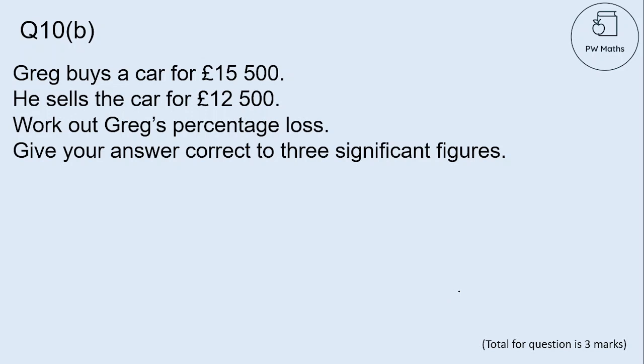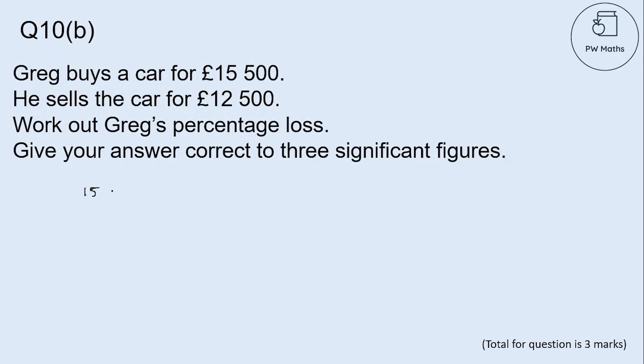Question 2, we've got Greg buys a car for £15,500. He sells the car for £12,500. Work out Greg's percentage loss. Again, we're asking for the percentage loss, not just how much less money that he ends up with after selling the car. We're going to do exactly the same thing that we've just done on the previous question. We need to find the change or the difference.